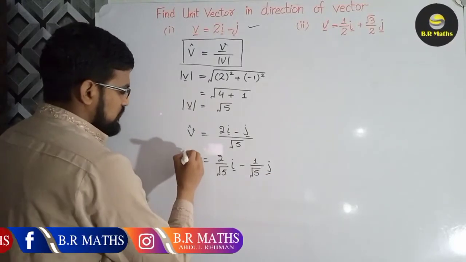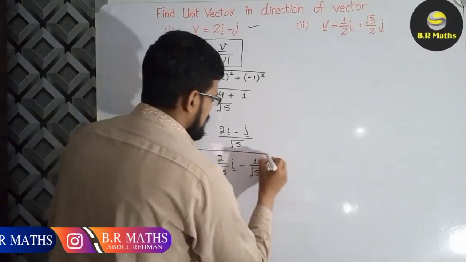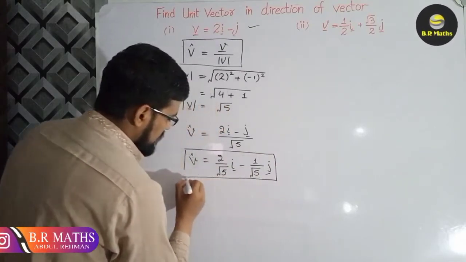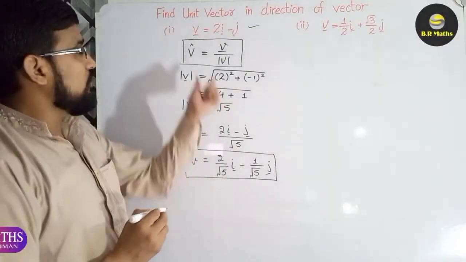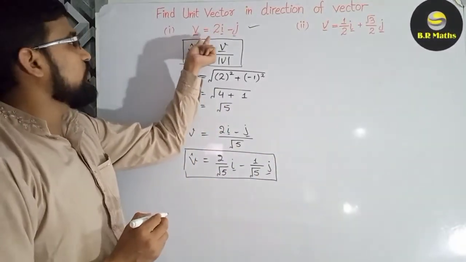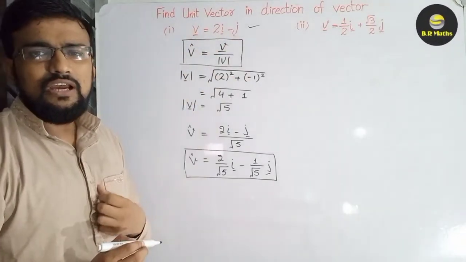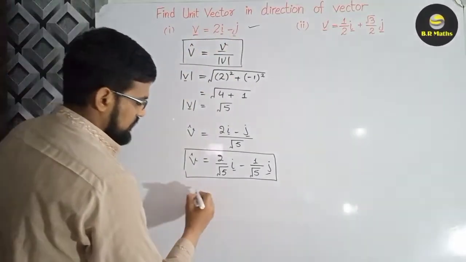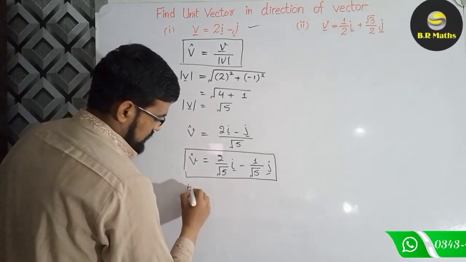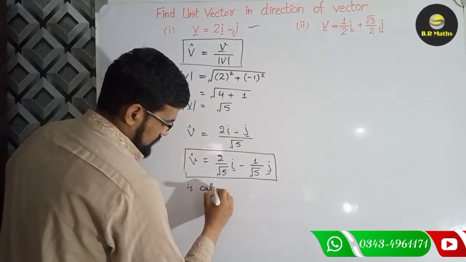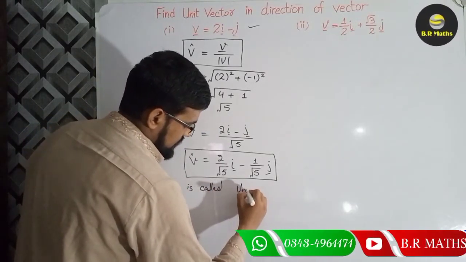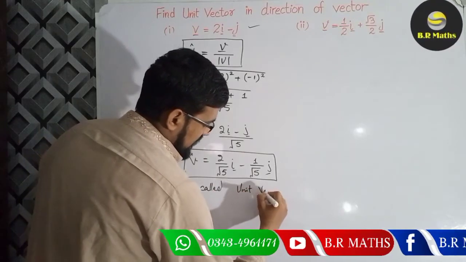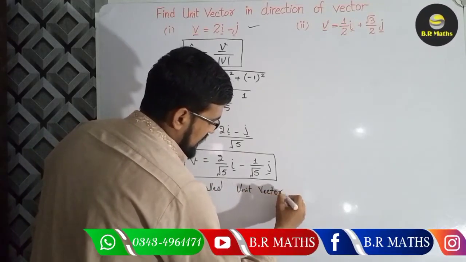This one. So this is called the unit vector. The unit vector of the given vector v is 2i minus j. I hope you understand this one. This is called the unit vector, the unit vector in the direction of the given vector. Okay.